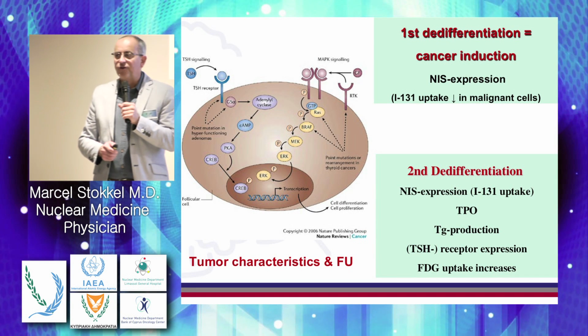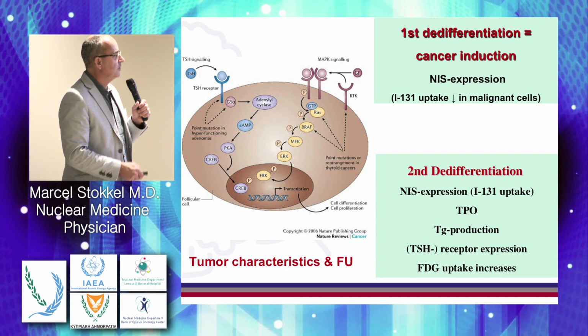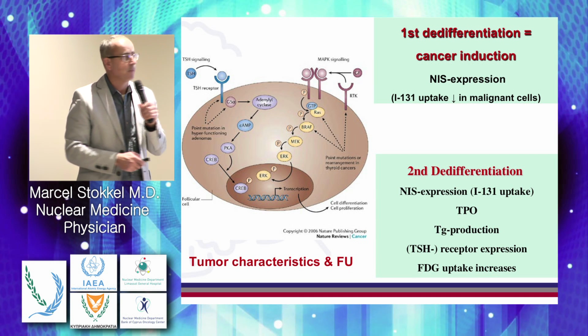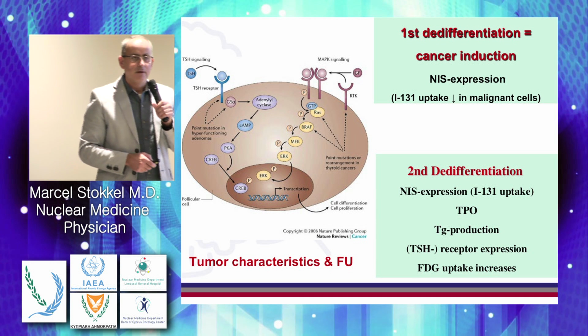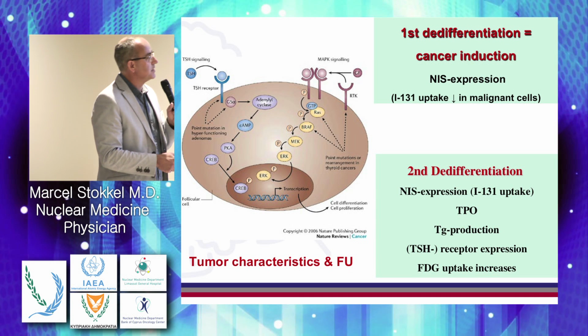Now, when we talk about thyroid cancer and the role of FDG PET, it is highly important to know something about the process during follow-up of thyroid cancer. The first step, which is in fact called the induction of thyroid cancer, is quite simple.